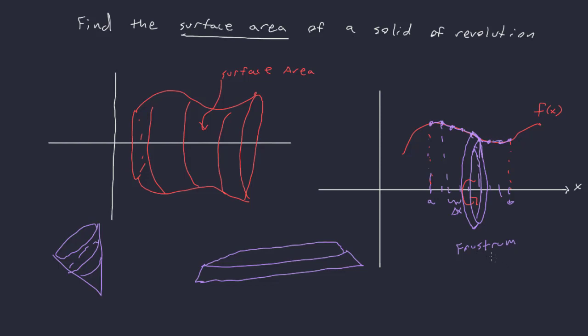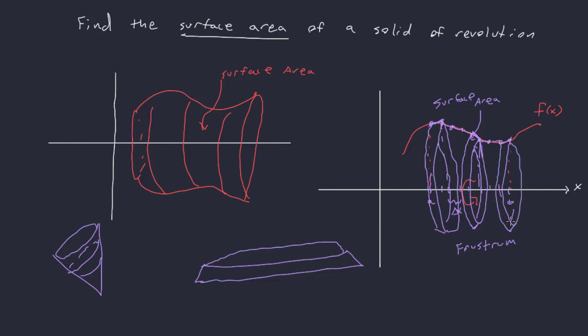All right, so what we can do is calculate the surface area of this frustum, and put them all together, right? Because we'll get a frustum here, and we'll get another one, say, here.